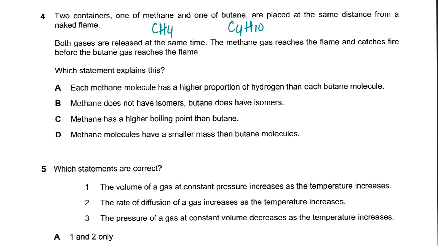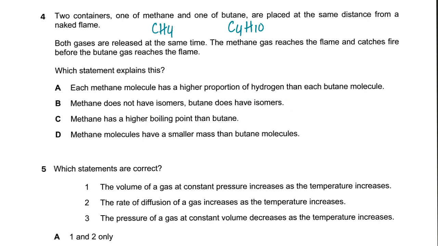Let's see what the options are. Each methane molecule has a higher proportion of hydrogen than each butane molecule. That might be true, it looks like it is. But what would that affect on its speed? Why does hydrogen make it travel faster? I don't know. So A is just a fact, so to speak, with no real credit to it. Methane does not have isomers; butane does have isomers.